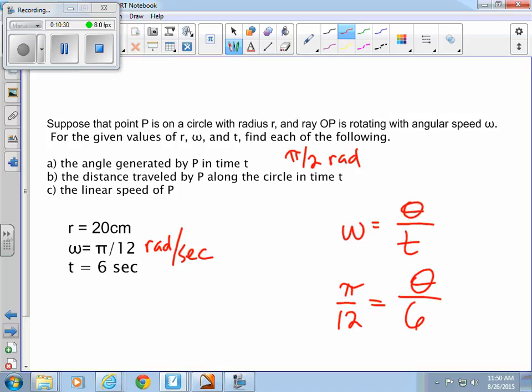Okay, so this formula was on the last slide. I know omega, I know t, and I solve for theta.